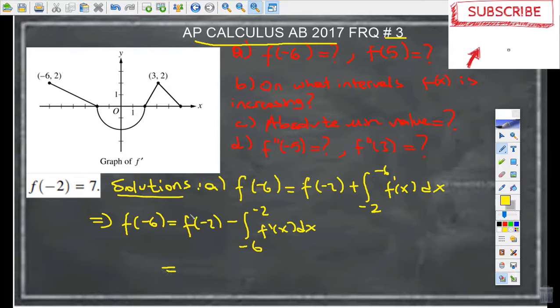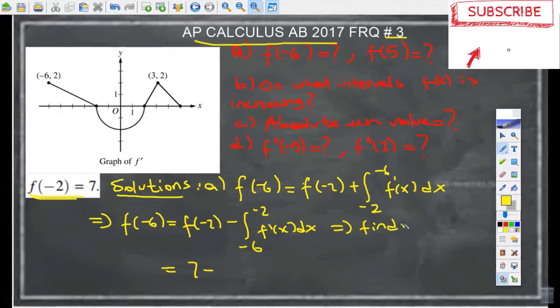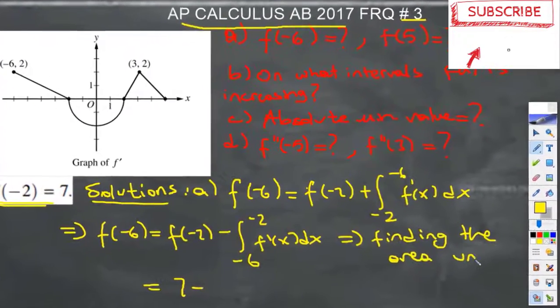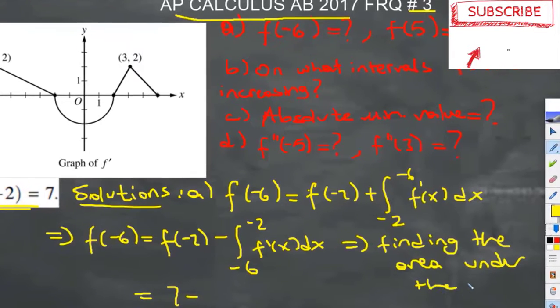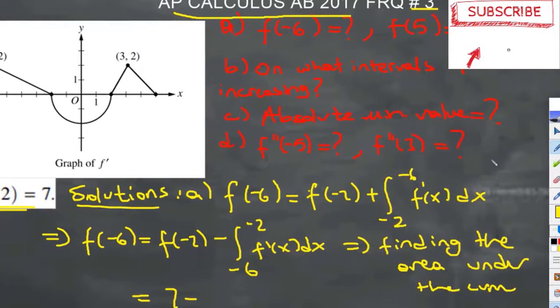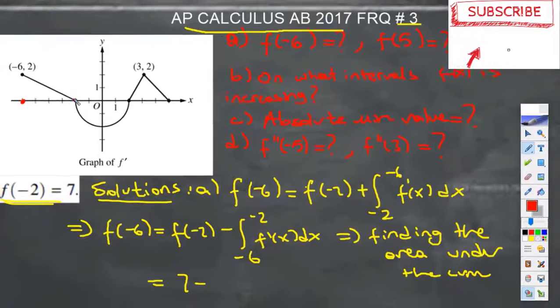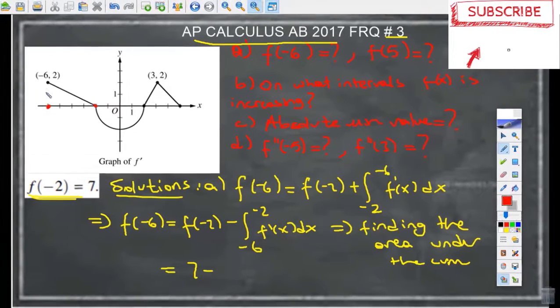In this case, we know the value of f of -2, which is given right here, so 7, minus the definite integral, which means finding the area under the curve. So from -6, which is right here, to -2, which is right here, it looks like a right triangle.